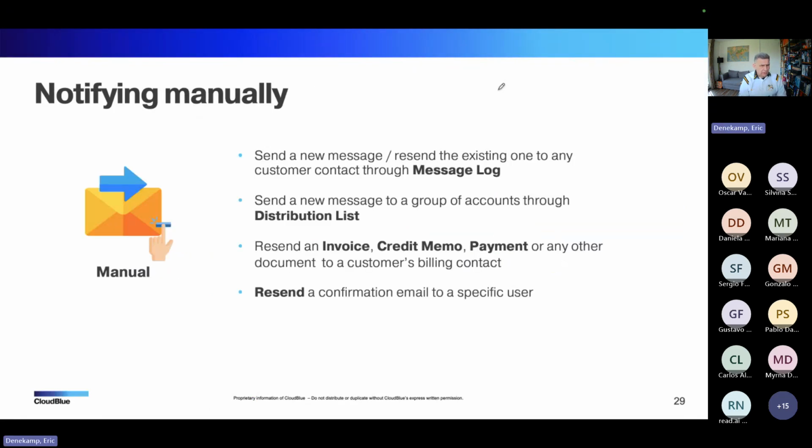And then I can send notifications manually, for instance to a specific customer or to a specific distribution list. Or if a customer calls me and says, hey, I did not receive that one, or I accidentally threw it away because I was on vacation and I selected all unread emails and did a delete on that, and now I'm missing an invoice or a credit memo or a payment or whatever, I can resend that one as well.